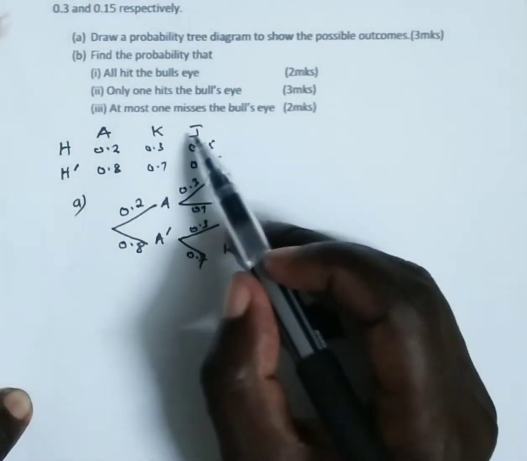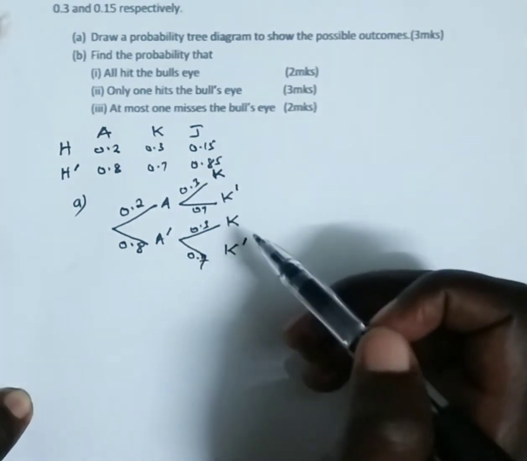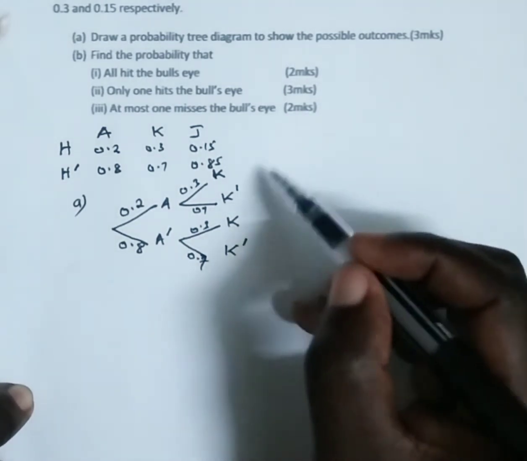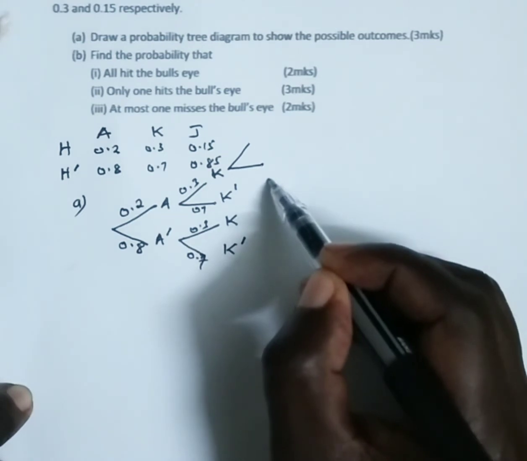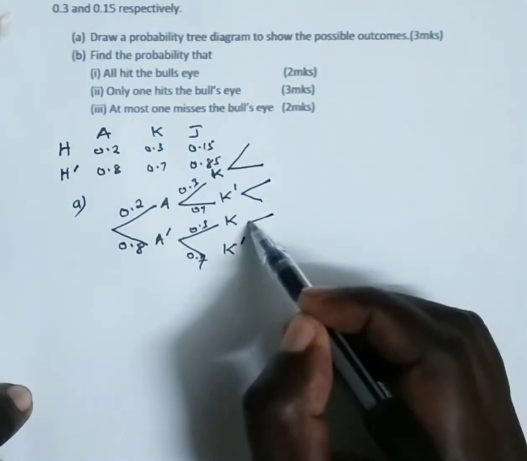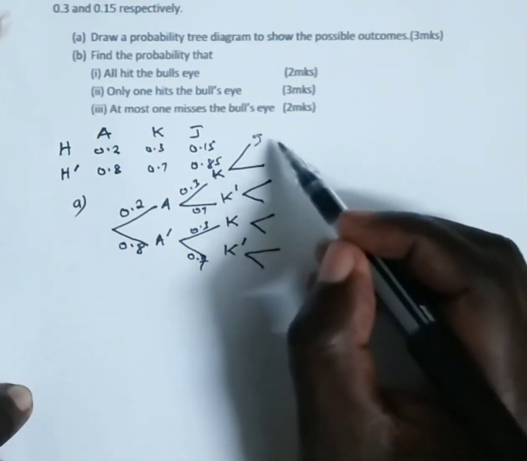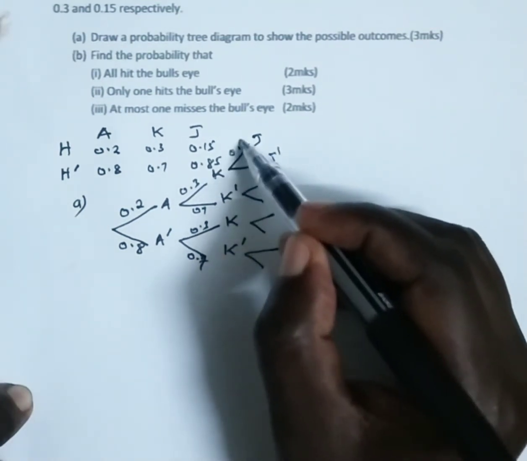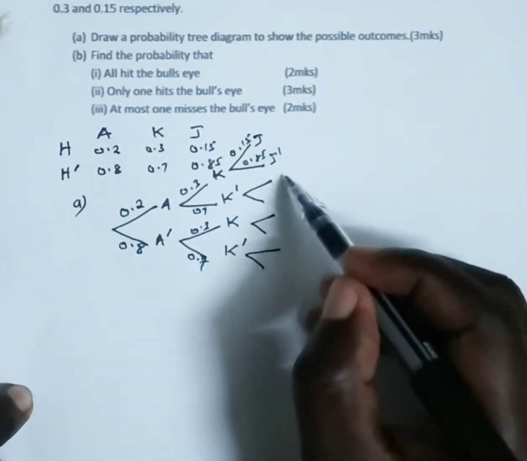Next we have Juma, that is the third participant, making the total outcomes to be 8. That is 8 branches. We have Juma hitting, Juma not hitting. Hitting is 0.15, not hitting becomes 0.85.